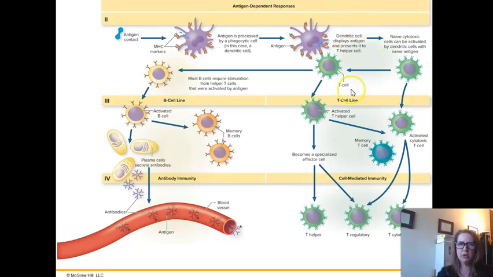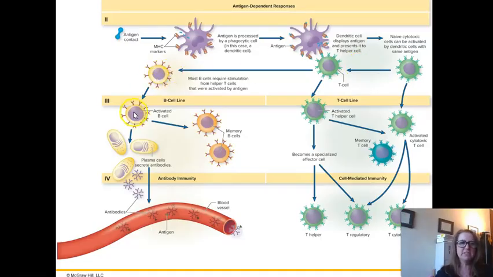Now, you don't have to look at the right-hand side of the figure, but for those of you that remember this from PAP, this is the T cell portion of this response. T cells are most definitely helping, but we want to focus on the left-hand side of the figure, where we are making B cells. Here we see the B cells come in from the helper T, but anyway, here's a B cell.